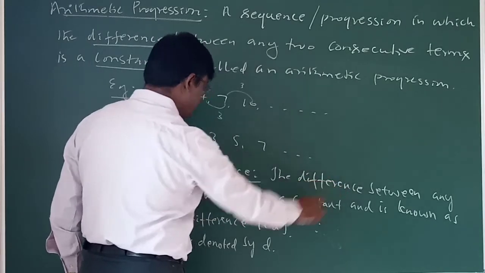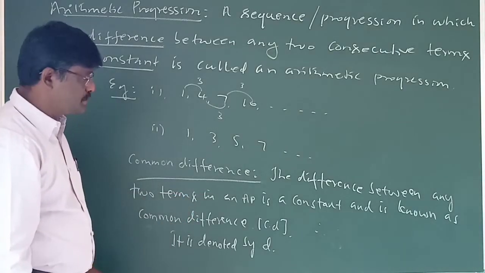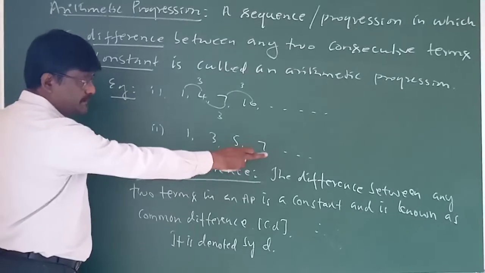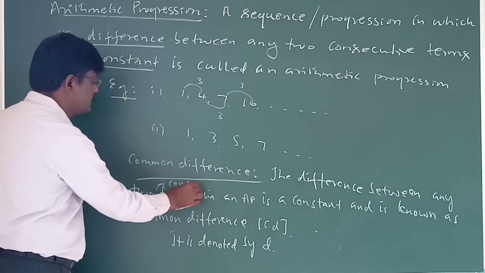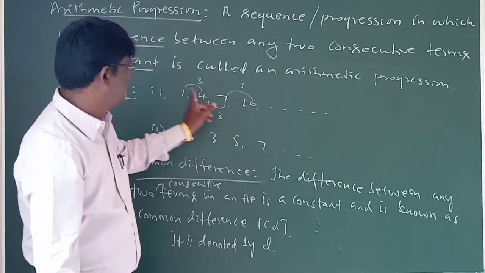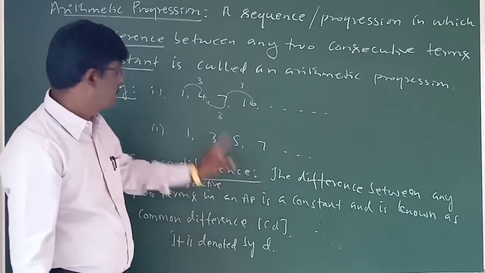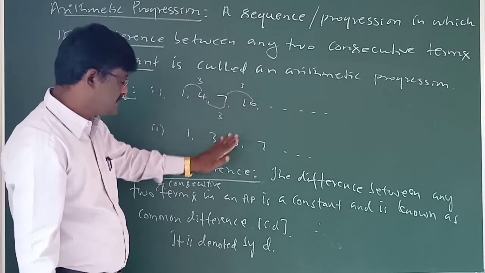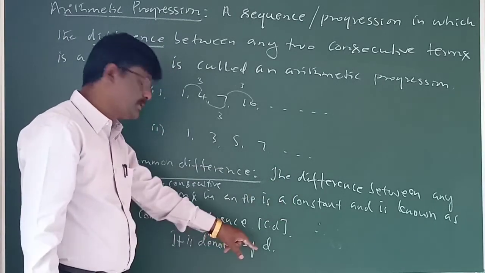The difference between any two consecutive terms in an AP is the constant, and this we say is the common difference, short form CD, and it is denoted by D.